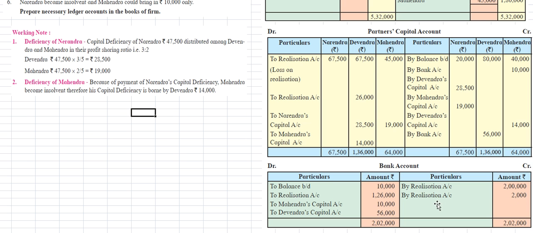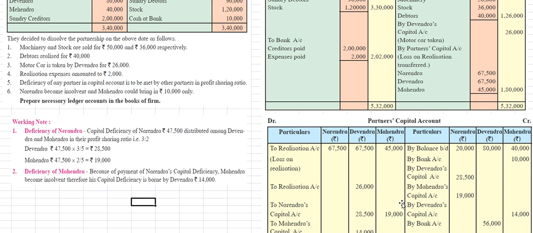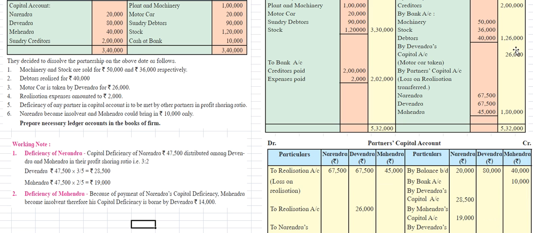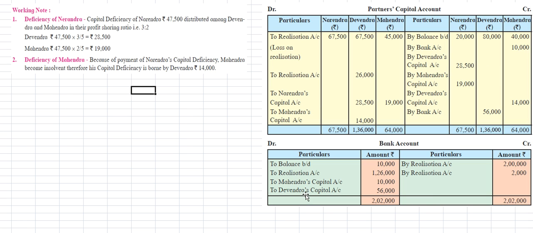And next is by realization account 1,26,000 rupees, the creditors' amount. So 1,26,000 rupees, and Mahendra's capital account 10,000, and Devendra's capital account 56,000 rupees. So this will be the available balance with them, 2,02,000 rupees on both sides. This is the bank account calculation. So this problem is related to two partners becoming insolvent.